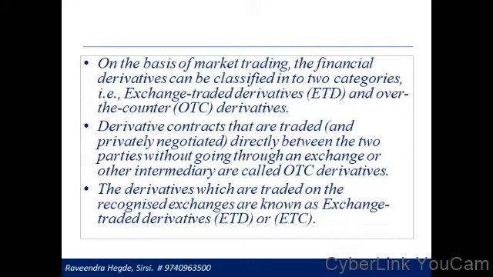The derivative contracts that are traded directly between the two parties without going through an exchange or other intermediary are called OTC derivatives, and the derivatives which are traded on the recognized exchanges are known as exchange traded derivatives.